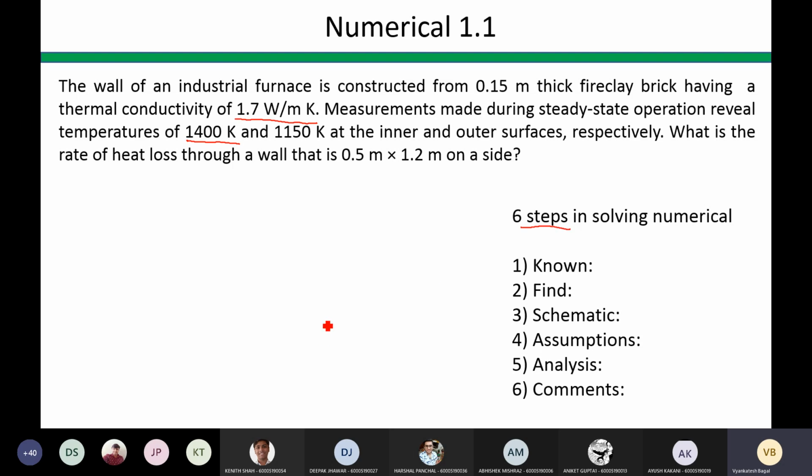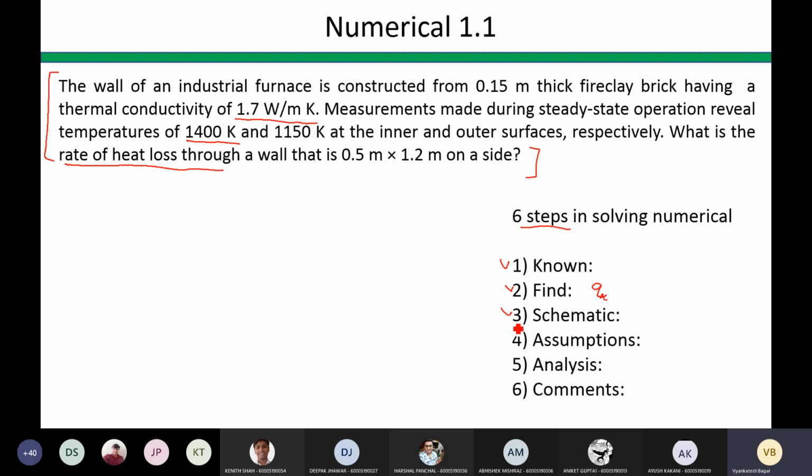First step, you will find out what is known, or note down what is given. Then in the second step, you will note down what they asked you to find. For example, what they asked in this case: what is the rate of heat loss through the wall? So they are talking about Q or Qx, the rate of heat loss.